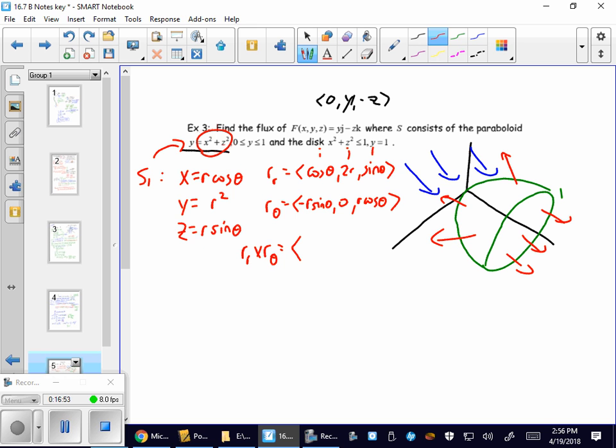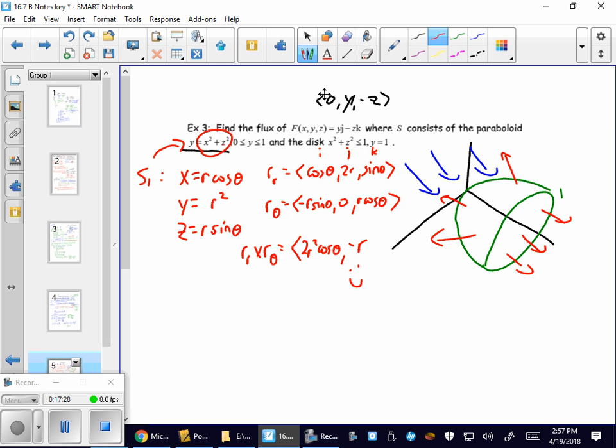If we get rid of the i, we're going to have 2r squared cosine theta minus 0, so 2r squared cosine theta. Now the important part, the j part: we get r cosine squared plus r sine squared, which is just r. But remember, we have to make the middle term negative, so we have a negative r. This is good. This is what we want to see.